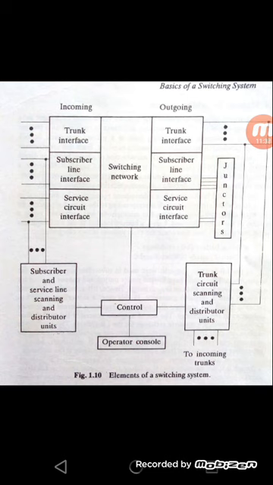Next, the basic part, the switching network. It is a common network for all blocks to share the information.